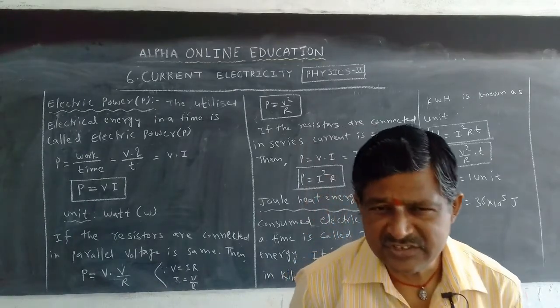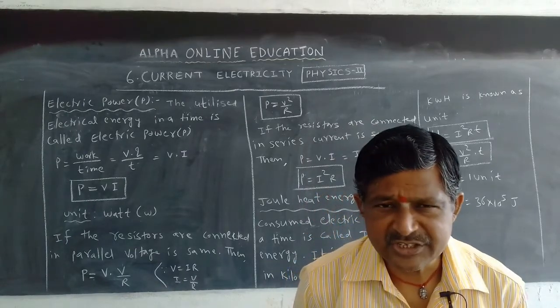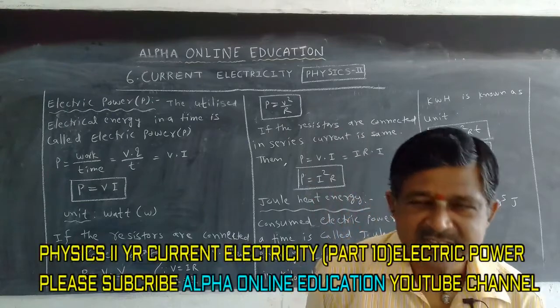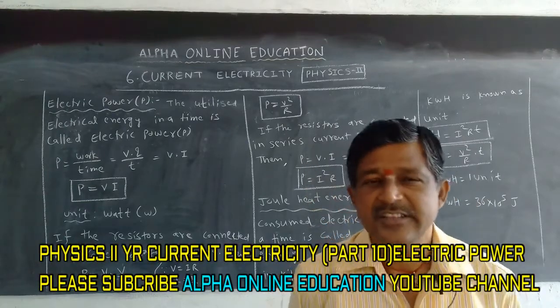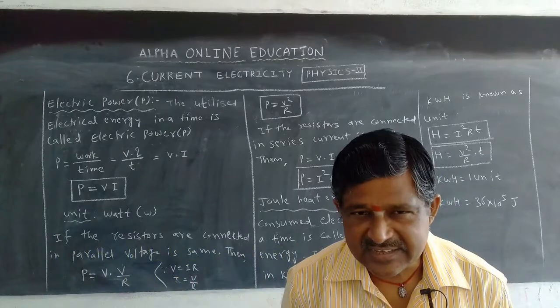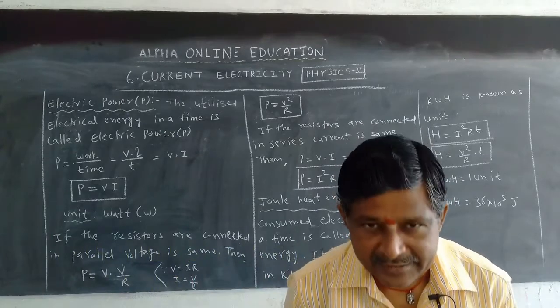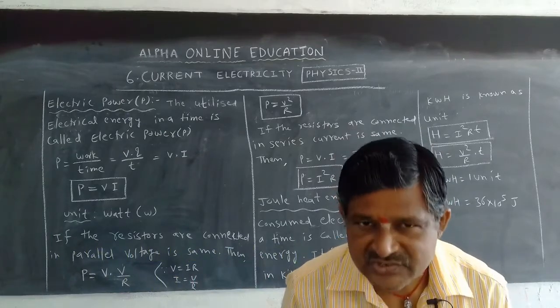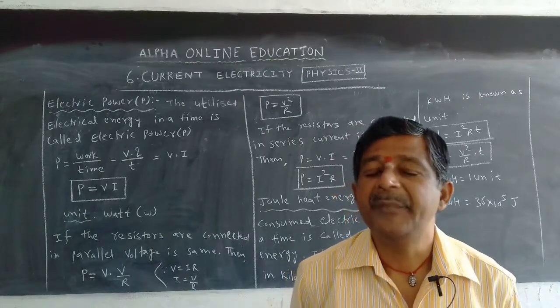If the resistance is more, the power consumption is more. If the resistance is less, the power consumption is less, but the potential difference remains the same. That's why the electrical appliances don't fail or burn when they are connected in parallel.